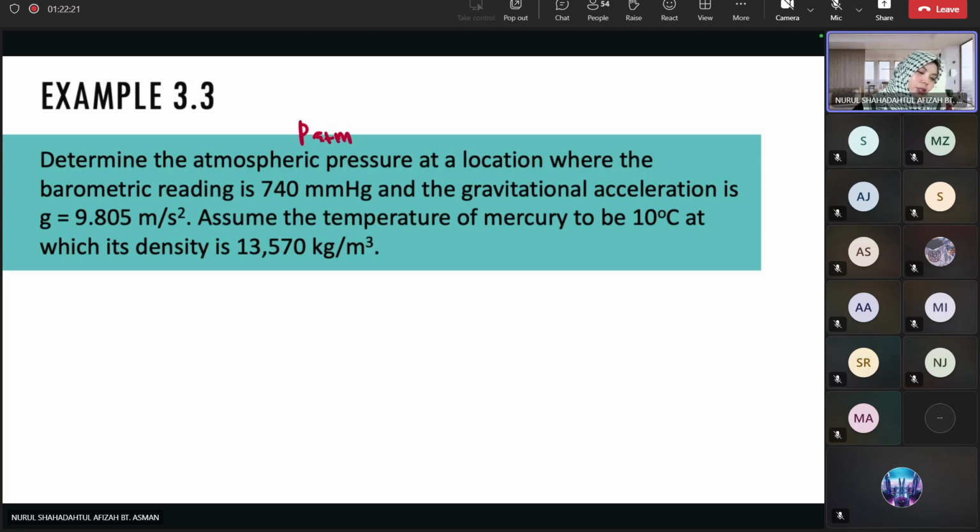Assume the temperature of mercury to be 10 degrees Celsius, where the density is 13,570 kilogram per meter cube. So we want to find the atmospheric pressure.